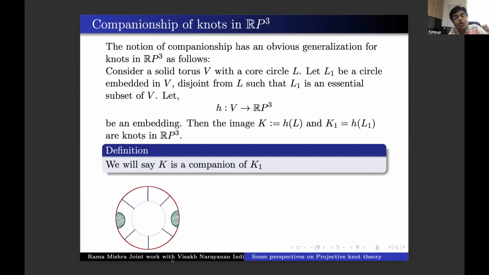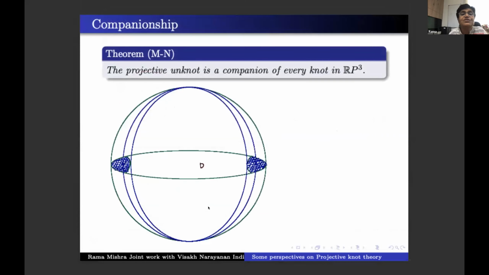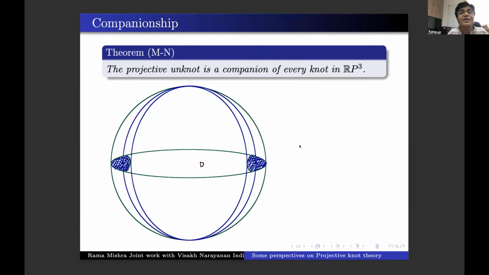Here you can always find where everything happens in one torus and the other one does not contain any crossing. So what we end up showing is that, in the case of companionship in RP3, the projective unknot is companion to every knot, not the affine unknot. We show this using the topological structure of RP3.